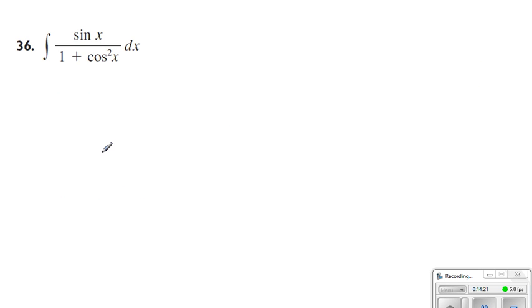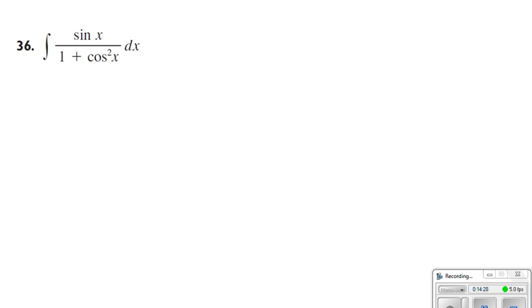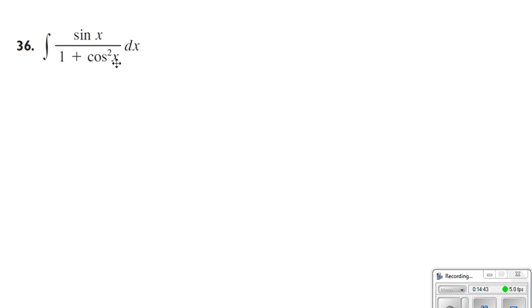All right, number 36. This question looks very similar to the previous question, number 35, except that we don't have 2 over here. So therefore, if you make the entire denominator the u, then we will not be able to do the same thing as in the previous question. And what can we do?